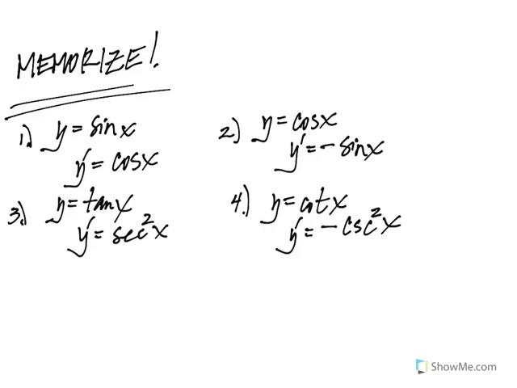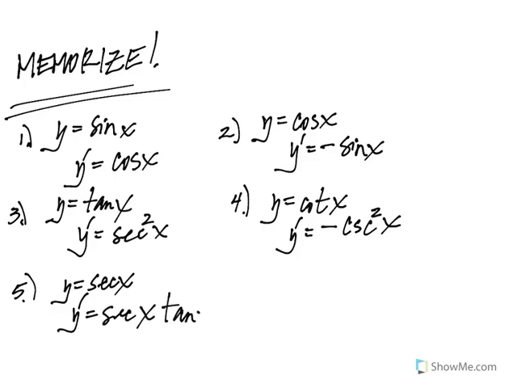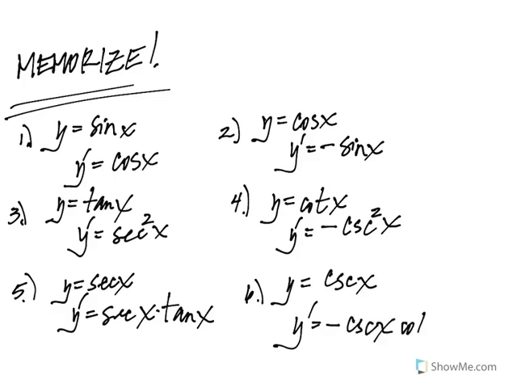It's very difficult to figure out without just memorizing it. If y is equal to the secant of x, y prime is equal to the secant of x times the tangent of x. And the last one, if y is equal to the cosecant of x, y prime is equal to negative cosecant of x times the cotangent of x.